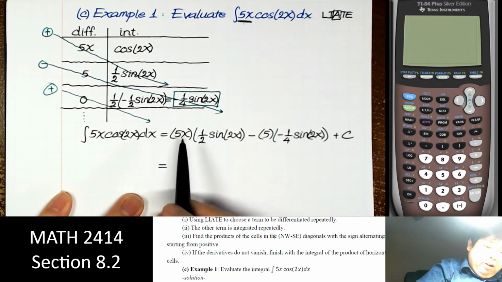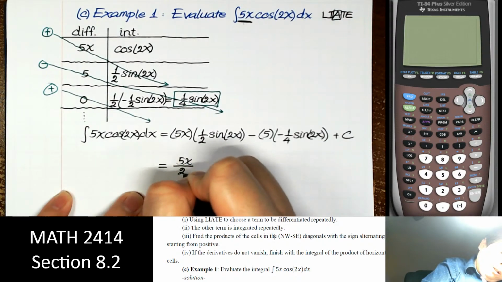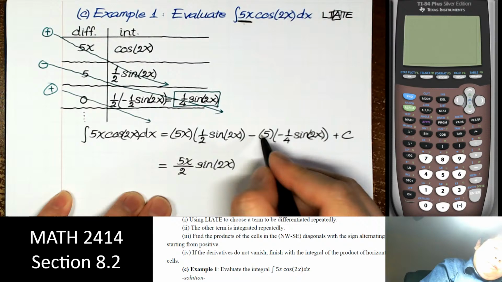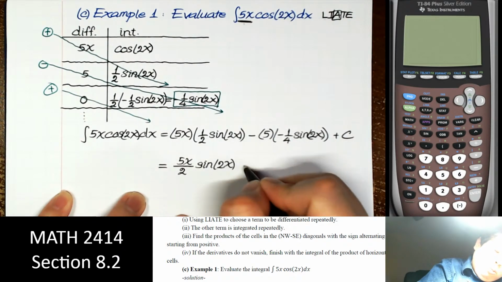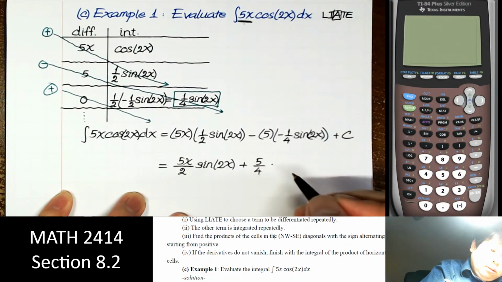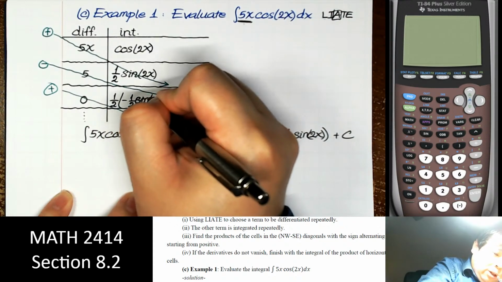So we have 5x divided by 2 sine of 2x, and minus 5 times minus 1/4 positive 5/4. This should be cosine, sorry.